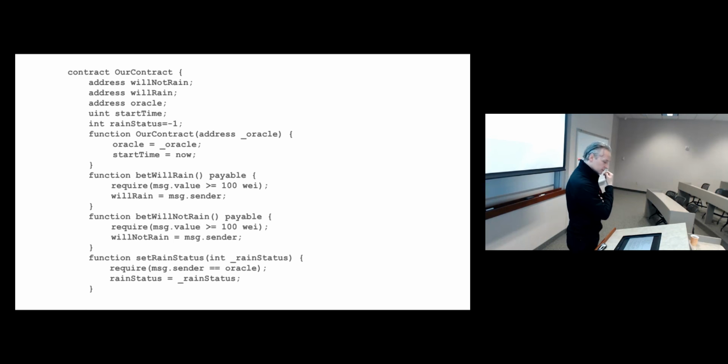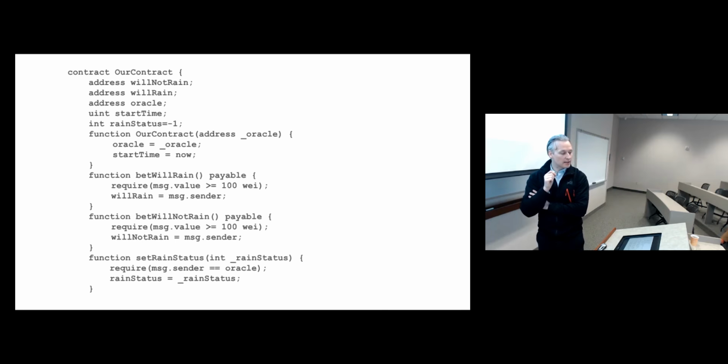So the function here is called bet it will rain. That requires that the message value coming from this address that says it will rain has at least 100 wei, equal or more than 100 wei, in that wallet address available.